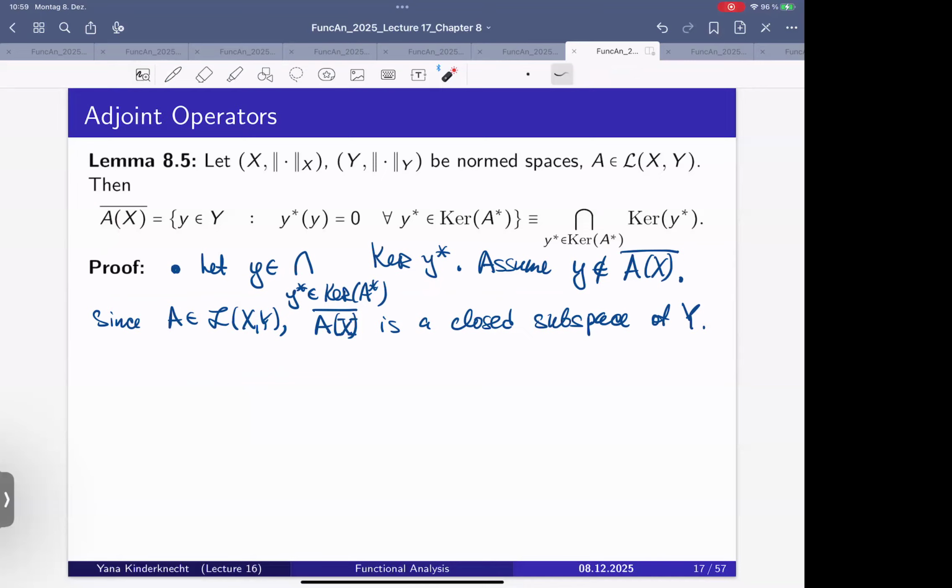We need that A is a linear operator. Since A is a linear operator, this is a subspace of Y, and since we have the closure here, it is a closed subspace.